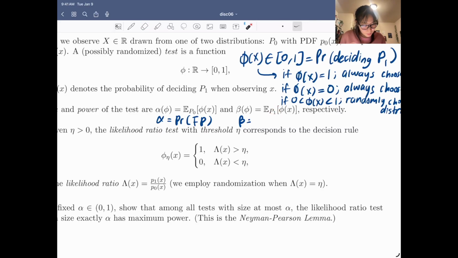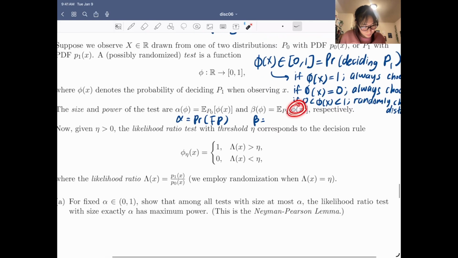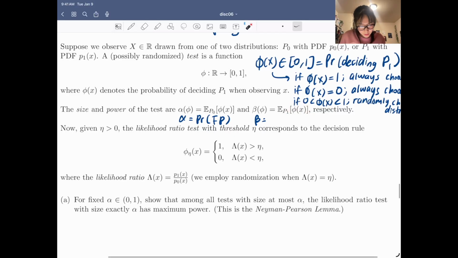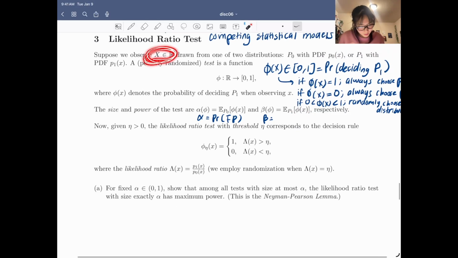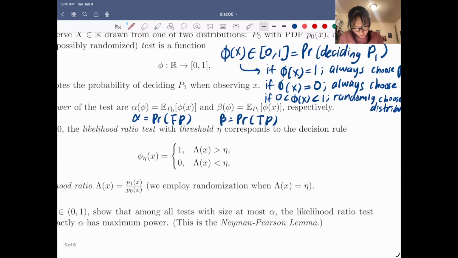So us deciding that some x came from the P1 distribution, given that it actually came from the P1 distribution, is the probability of a true positive. So FP is false positive and TP is true positive.